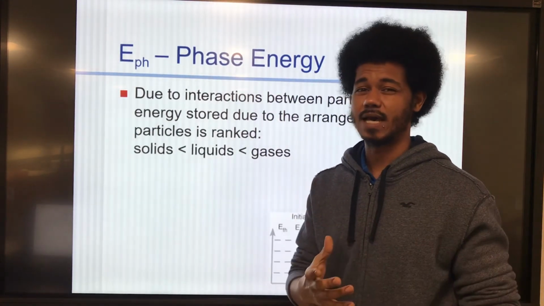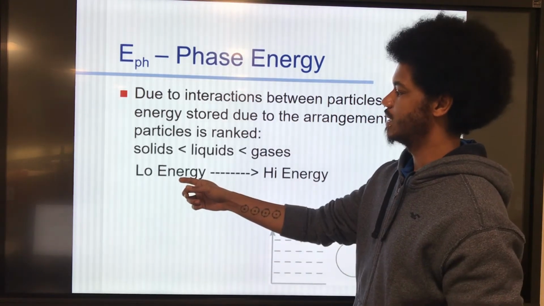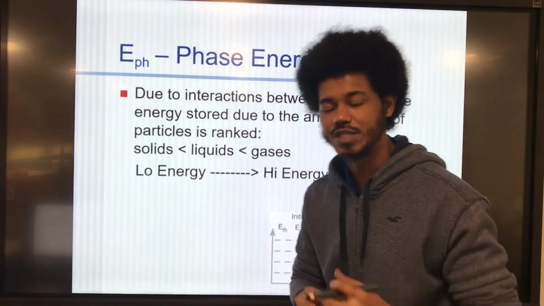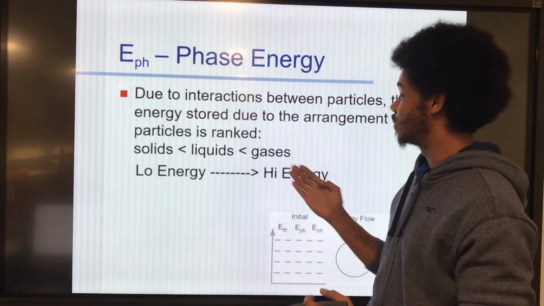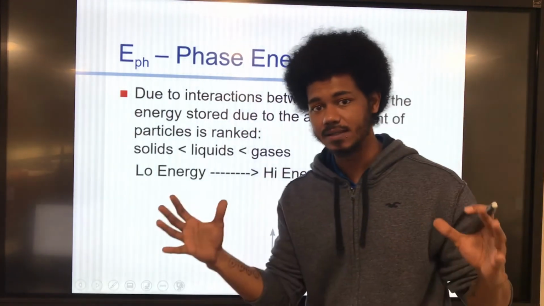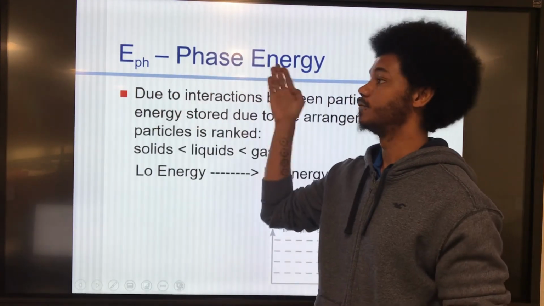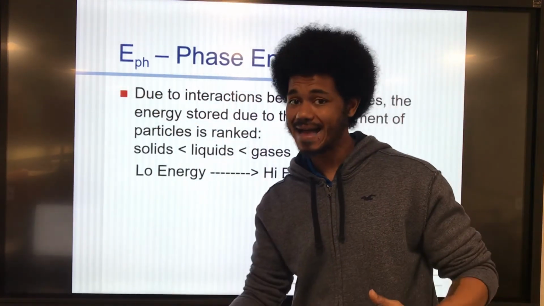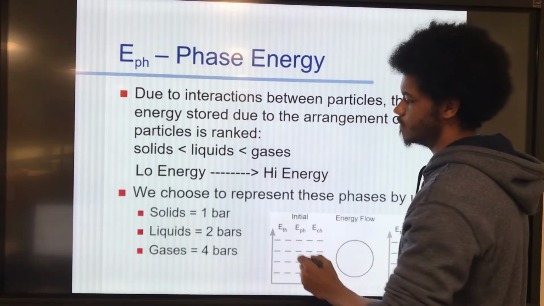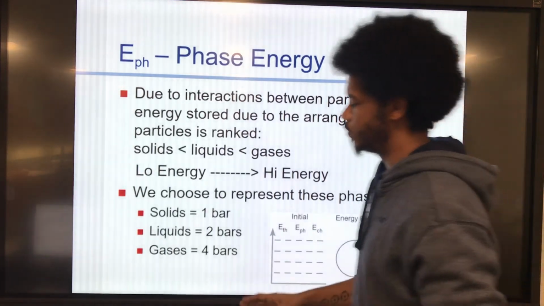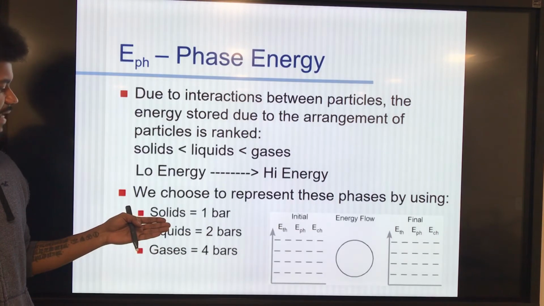Because there's not a lot of movement, solids have lower energy than, say, a gas, where there's high energy. If you have a solid, that's a low phase energy versus a gas, which has a high phase energy. The way we typically do this is we use 1 bar to represent a solid.